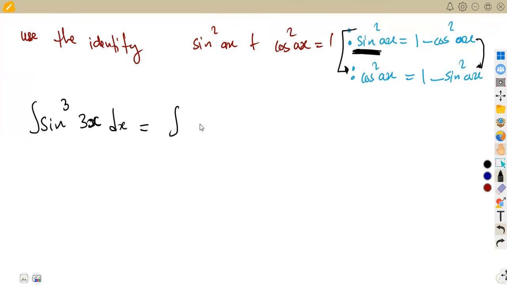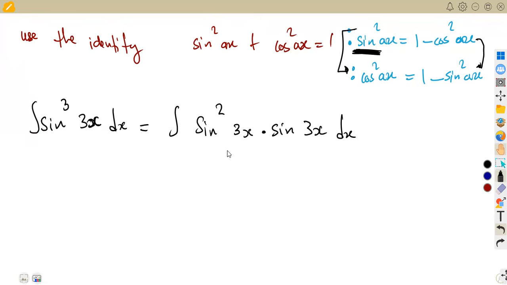So it's going to be the integral of sine squared 3x, times sine 3x, with respect to x.